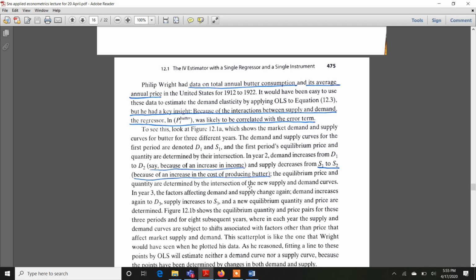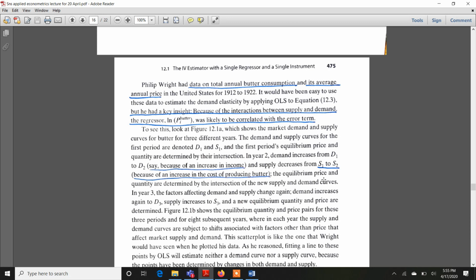You see that demand and supply interact with each other. This is the same concept as saying there is a bidirectional association. That is, price is a function of quantity demanded, but quantity demanded is also a function of price.